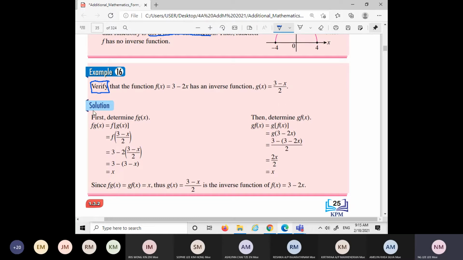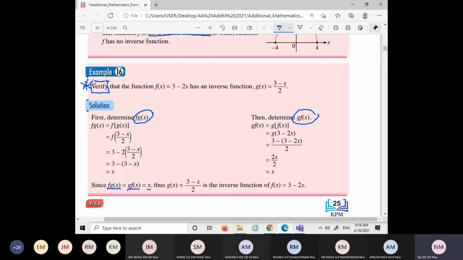When you want to verify whether g(x) is the inverse function of f(x), this is what you are going to do. You have to find this, then find this, and then see whether this is equal to this and this or not. If this happens, then you can say this is the inverse of this. This is how you do this type of question, verify.